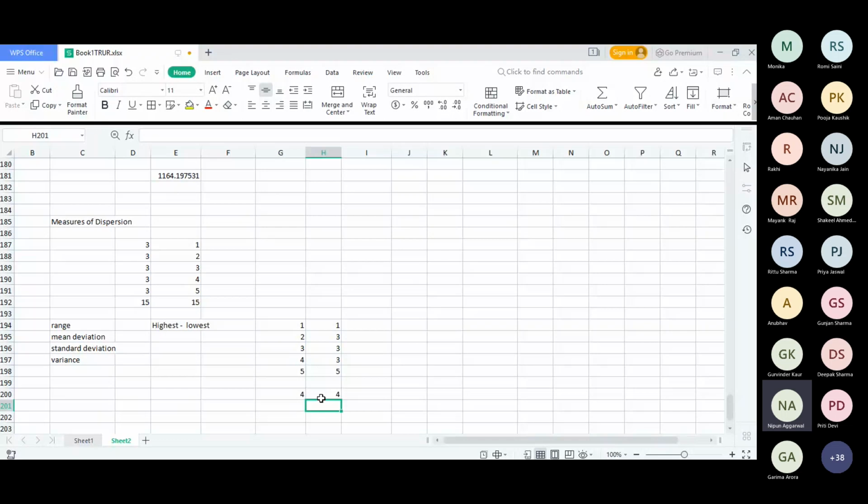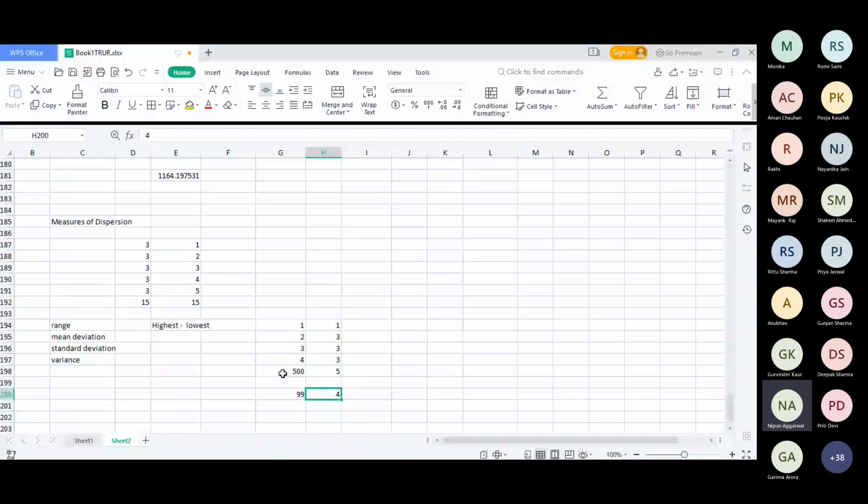If the extreme value changes, then the range will change. But if the middle values change, there is no effect on the range, because the range takes into account only two values in the data, the highest and the lowest.